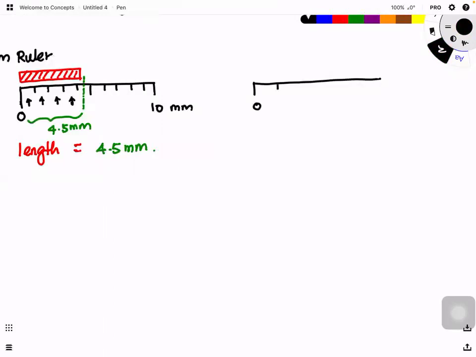0, 2, 4, 6, 8, 10. So if I have something like this, can you see that? What is the length? According to this ruler, I can only read up to half of the divisions. So what is half a division?